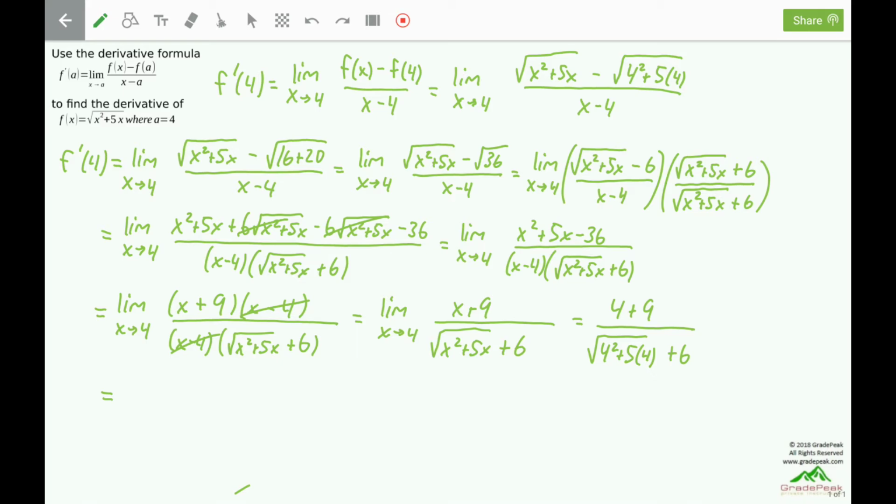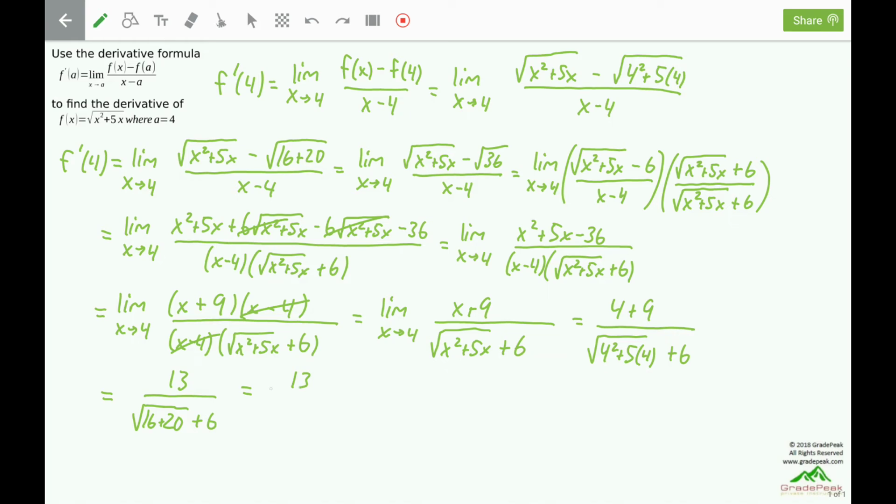So in the numerator, this will give us 4 plus 9, which is going to be a 13. In the denominator, we will have the square root of 4 squared, that's a 16, plus 5 times 4, that's a 20. And then we'll have that plus 6.